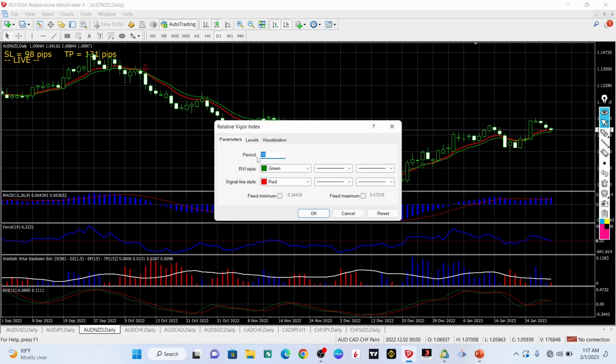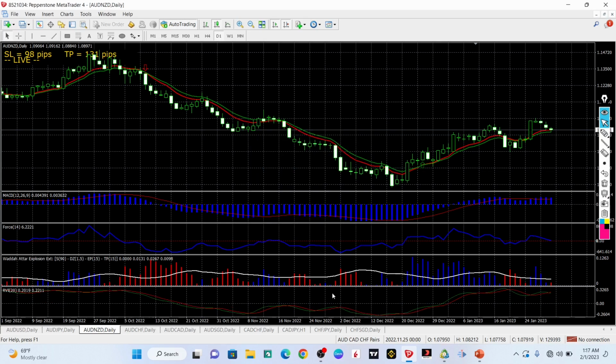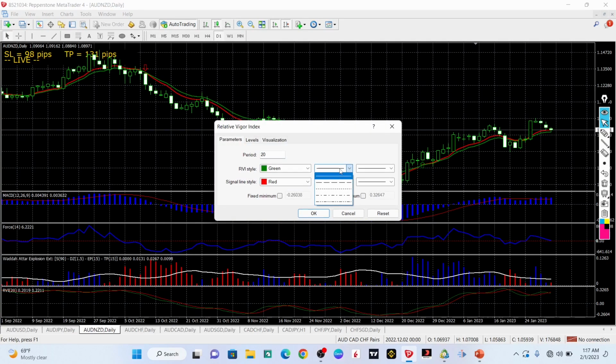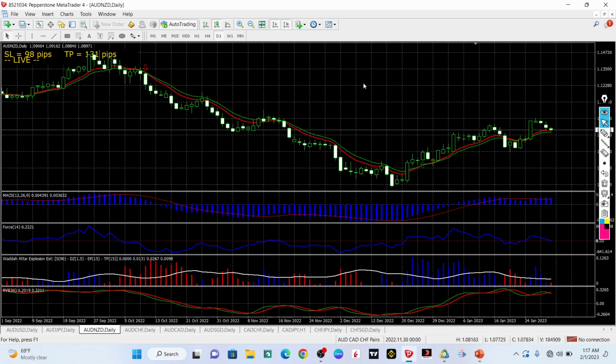Let's try to use 20. Let us try to make the colors more dark so that everyone can see. So as everyone is seeing, this is now our exit indicator.